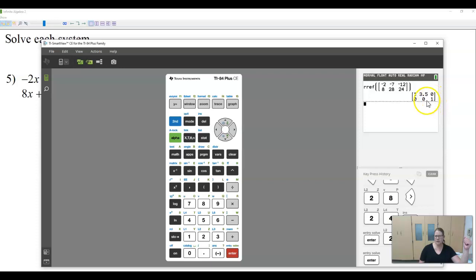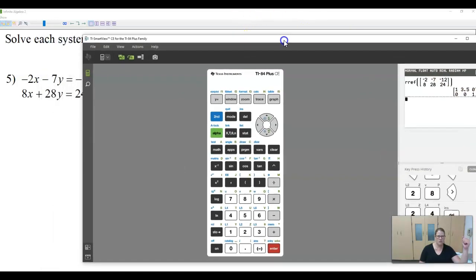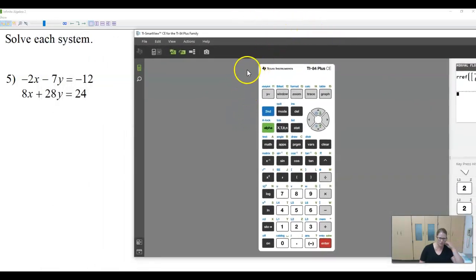But this one will have no solution. So if you get that whole row of zeros, you'll have infinitely many solutions. If you get just 2 rows that won't reduce, that means there's no solution. Okay, let's just write that. So this one has no solution.